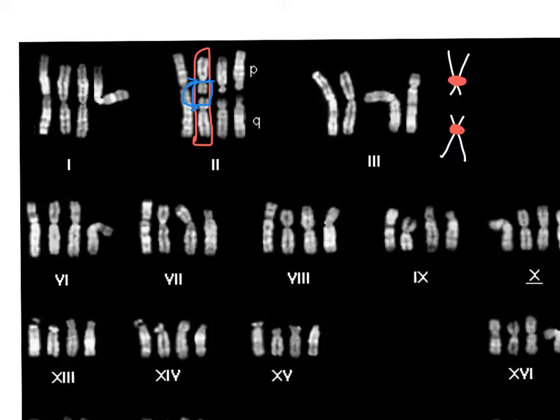If those broke exactly in the middle, which I'm not drawing exactly in the middle, I'm trying, and exchanged parts, so there's a fusion there, you might wind up with the 2 long arms, the Q arms, sticking together, and you might get a tiny little chromosome. But each of them would still have a centromere.